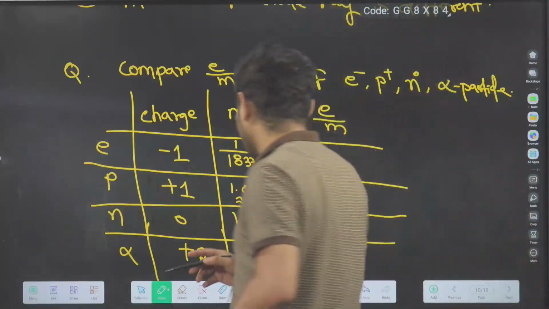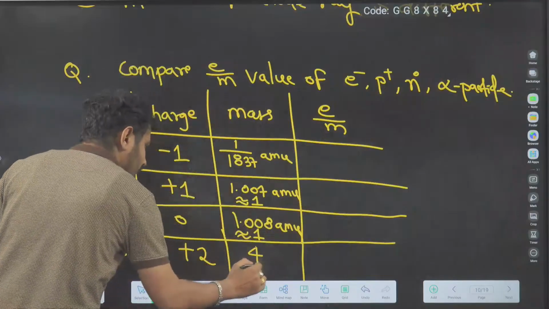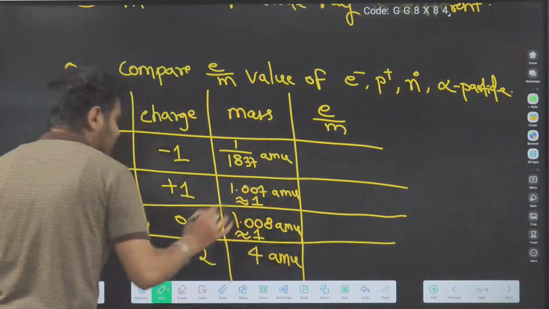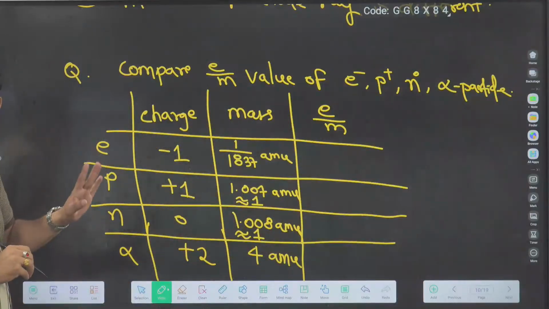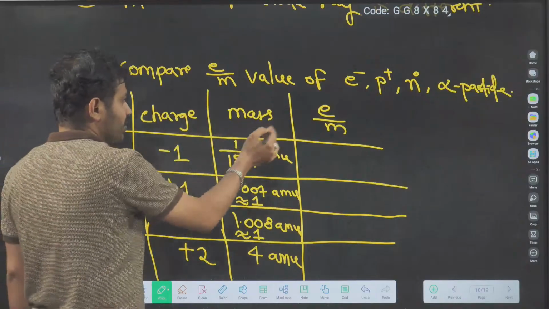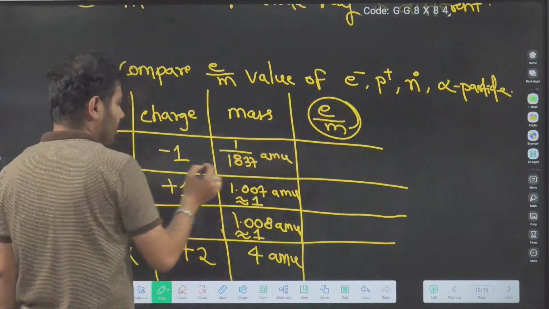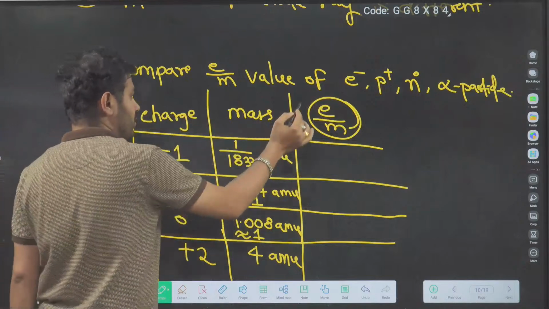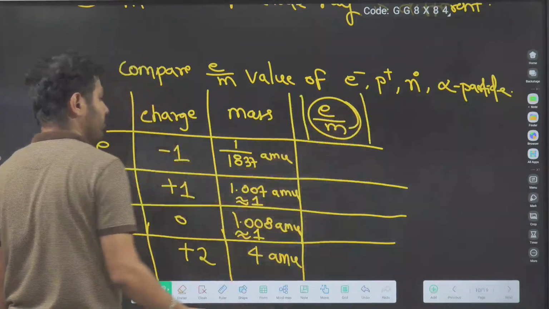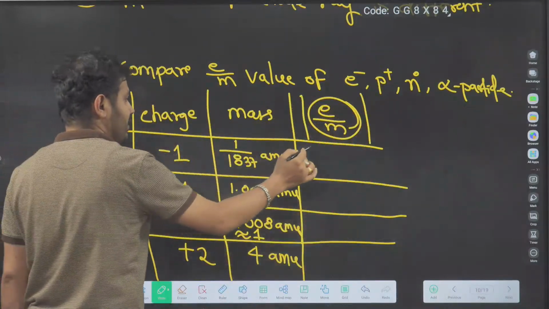Very good, so the mass is 4 AMU. I am writing all the masses in AMU units. Now you do the calculation. E by m means charge by mass. I am not going to take the minus sign or plus sign, I will just take the magnitude. So, 1/(1/1837).